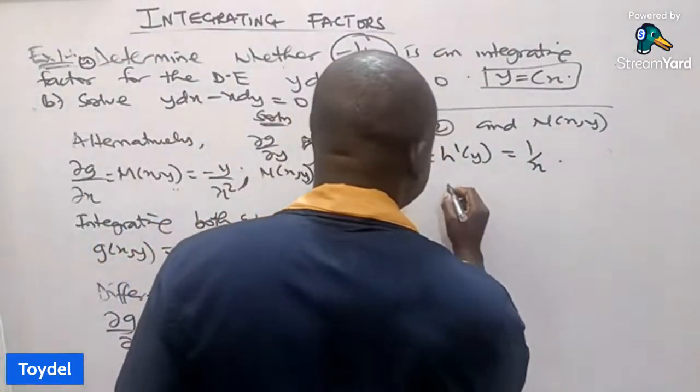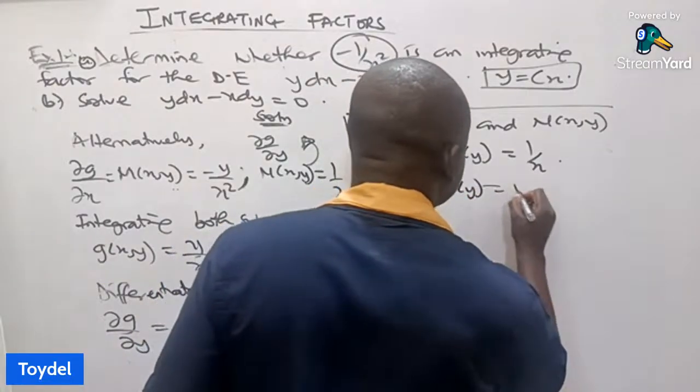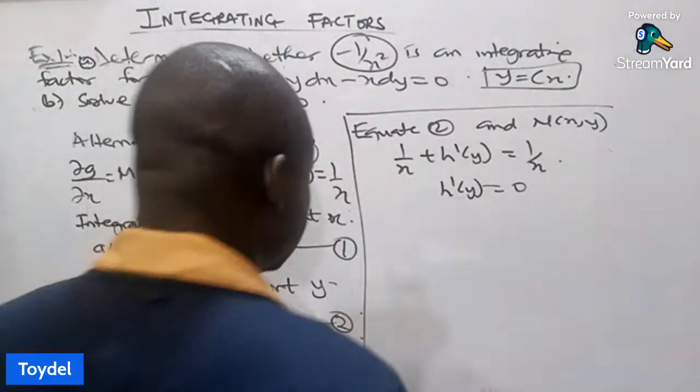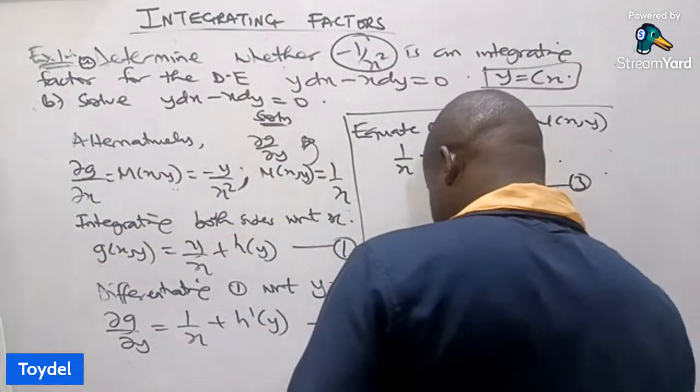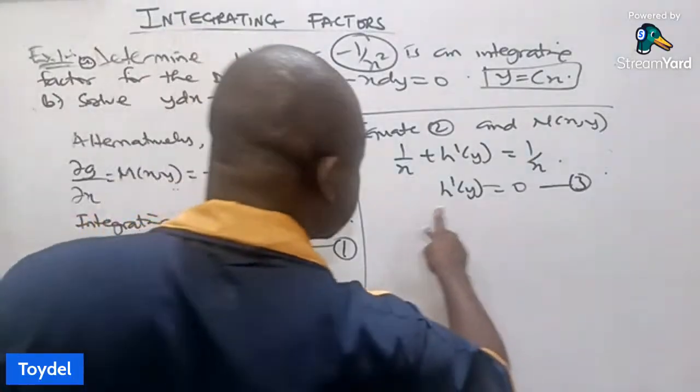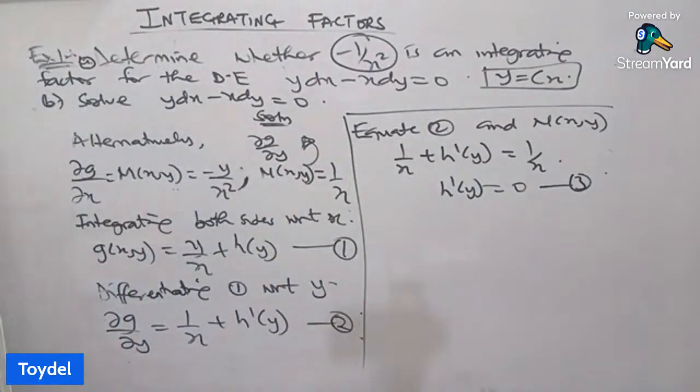At the end of the day, h prime of y will be equal to 0, because 1 over x minus 1 over x is equal to 0. That's equation 3. So how do we solve equation 3? Let's integrate equation 3 with respect to y. What are we going to get?